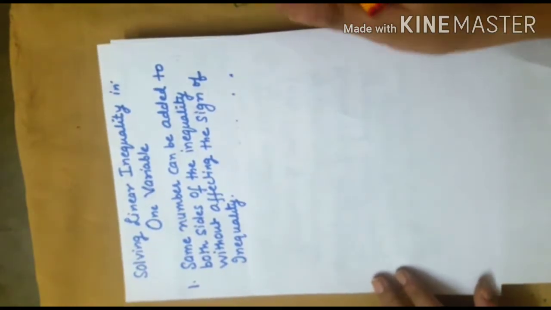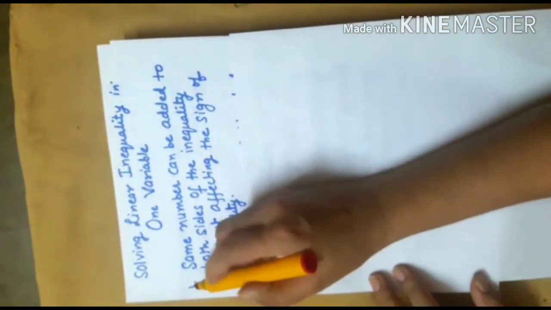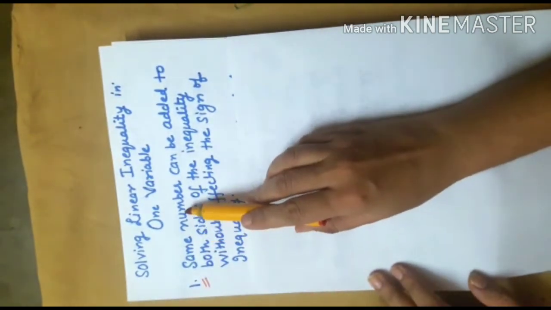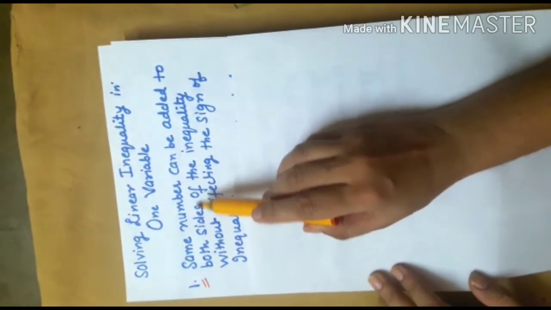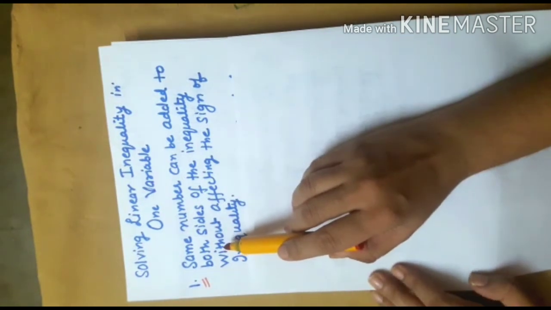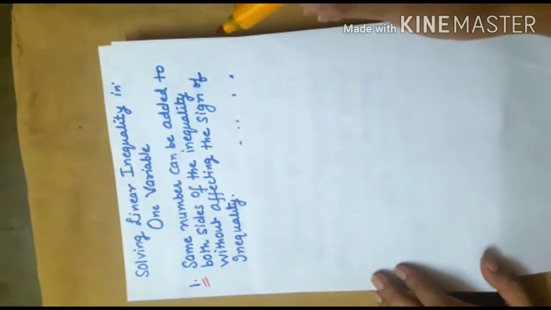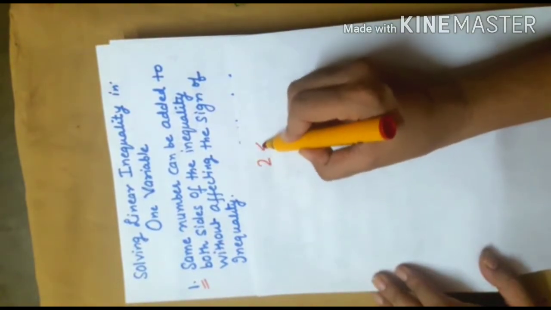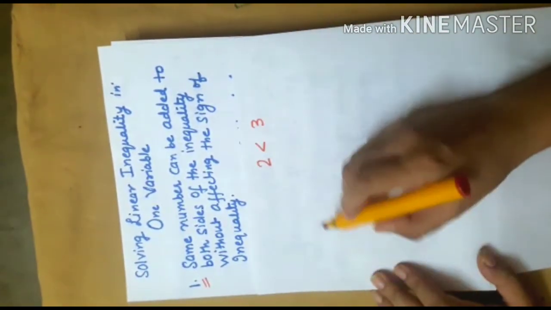Now we will learn how to solve a linear inequality in one variable. First remember a few rules. The first is: the same number can be added to both sides of the inequality without affecting the sign of inequality. 2 is less than 3, right?